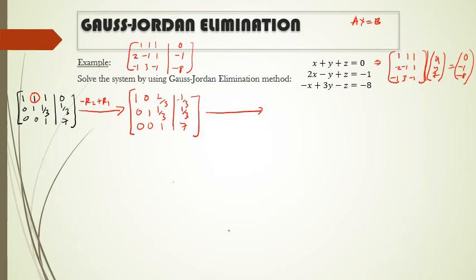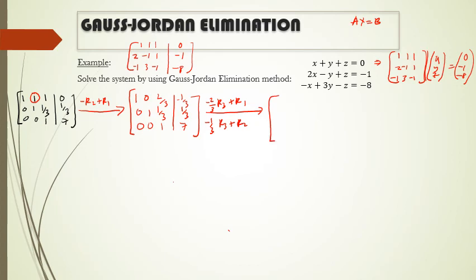Next we want to get 0 here, 0 here. So for the first, we refer to row 3 and row 1, row 3 and row 2. For row 1, we should multiply by negative 2 over 3. For row 2, negative 1 over 3. So let's see what we get.